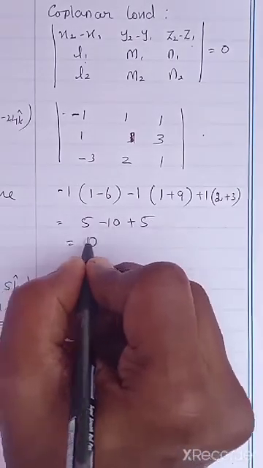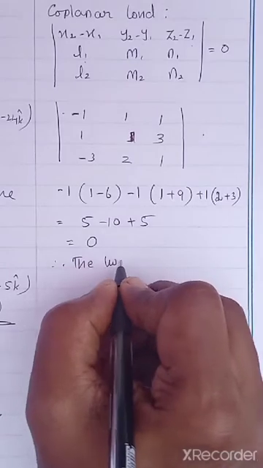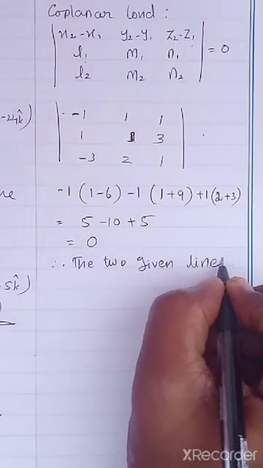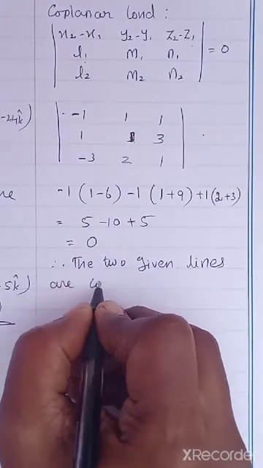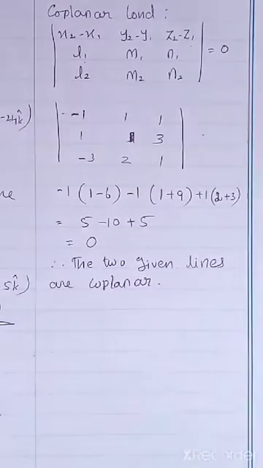The answer is 0. So we can conclude the two given lines are coplanar. Is that clear? Okay, so we found out the coplanar condition.